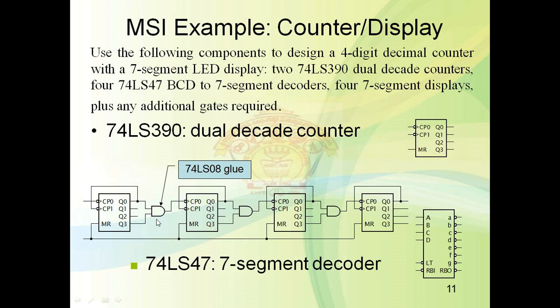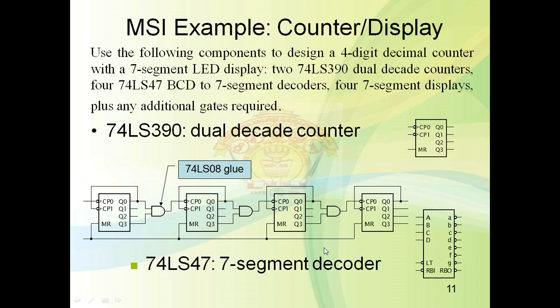So we can count from 0 to 9 for this, then again 0 to 9 for the next. We cascade the output of the first counter to the next counter, and so on. In this way we can connect the 4-digit counter.